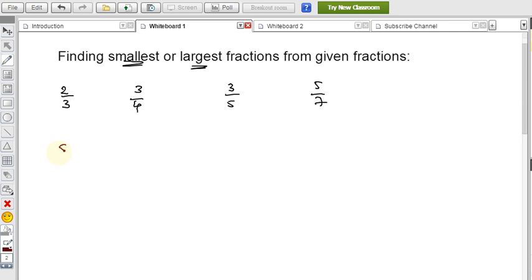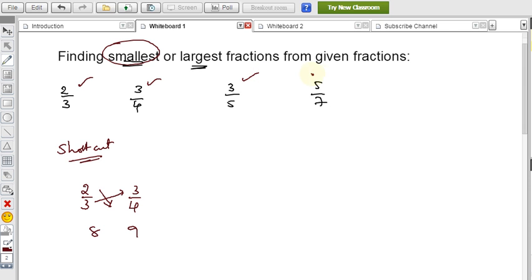Okay, the shortcut trick I'll tell you directly. To find the smallest first, the shortcut method is you take two fractions, 2 by 3 and 3 by 4. So 2 into 4 and 3 into 3. 2 4s are 8, 3 3s are 9.